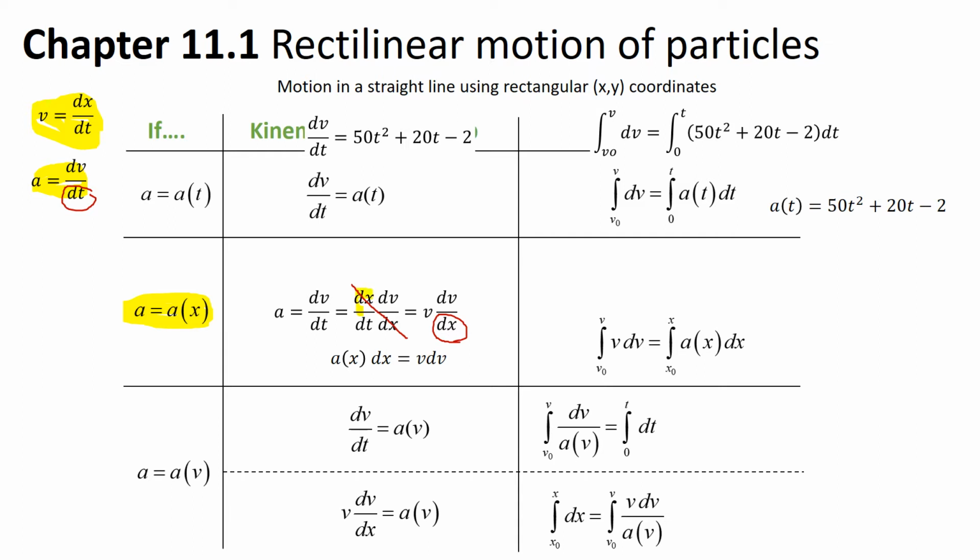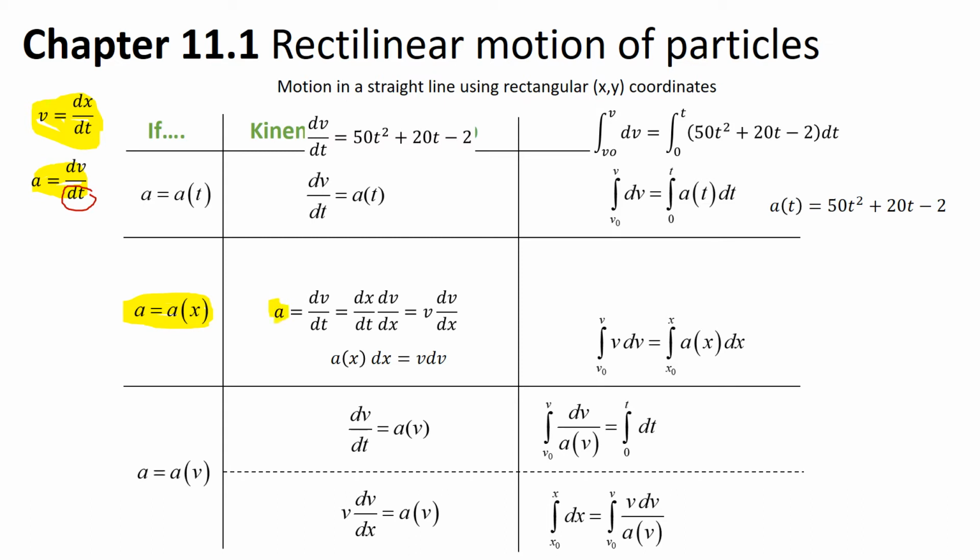Why do we do this? Well, dx over dt, that's our velocity, okay? So by making this little substitution, we've gotten rid of time, and now we end up with an equation for acceleration that is only dependent on our position.